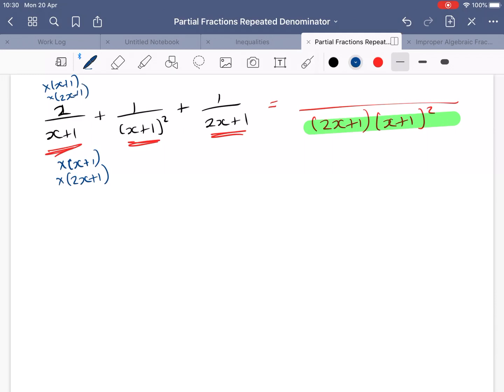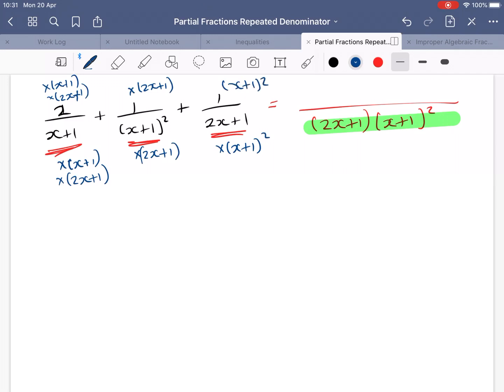Now, let's look at this middle fraction. What do I need to multiply this denominator by to make it the same as the final denominator that I want? Well, for that one, all I've got to do is multiply it by the 2x plus 1, because I've already got the x plus 1 squared. So again, whatever I multiply the denominator, do the same to the numerator. And then for the final fraction, again, I've got to make it the same as that end denominator. So I just need to times it by the x plus 1 squared.